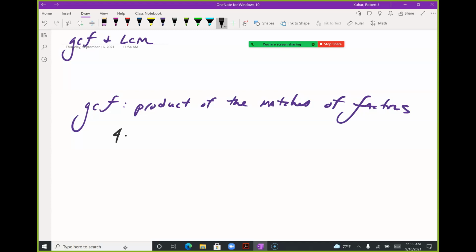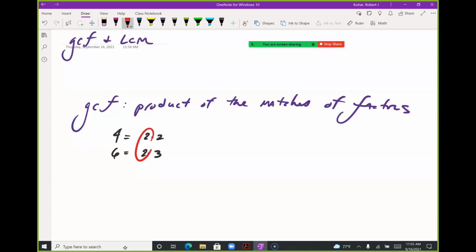So we had 4, which was 2 times 2. We had a 6, which was 2 times 3. The only thing that matched was a 2. So that's one match, a match of 2. So the product of the first match is still a 2. You're not doing a 2 times 2, right?